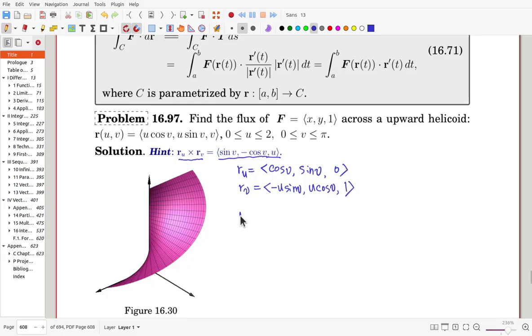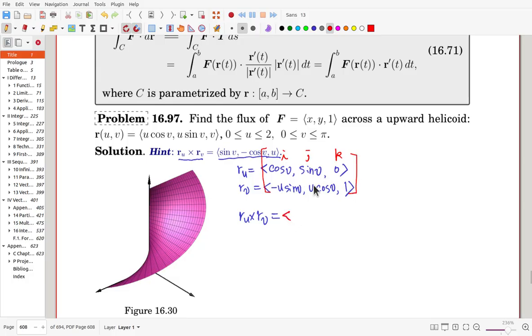Now R sub u cross R sub v is the determinant of the matrix. The matrix is this one.